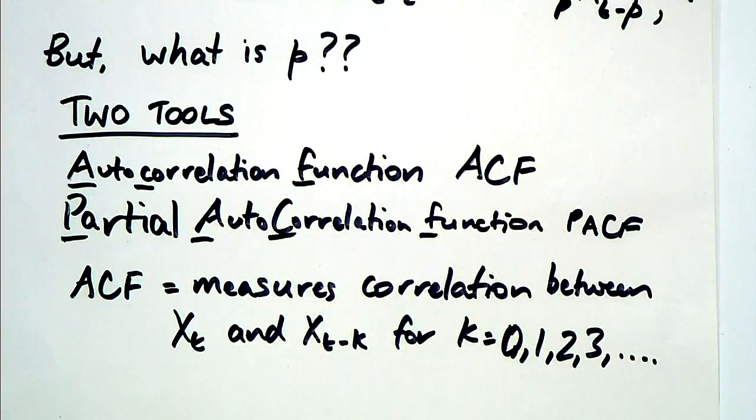Now, correlation when k is 0 is the correlation of xt with itself. What's that? 1, right? So the first one's always 1. This is the 0th one. And then it measures, on average, what's the correlation between xt and its immediate past, xt minus 1. You get a number. Then it does that for xt minus 2, xt minus 3, and so on. So that's what the ACF measures.